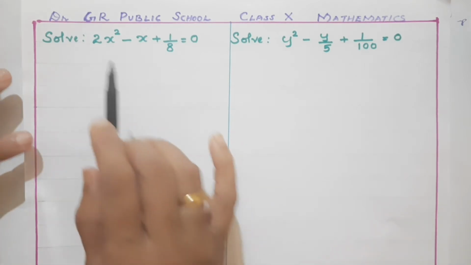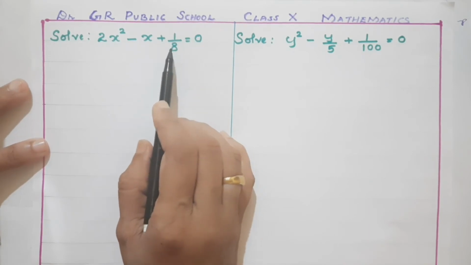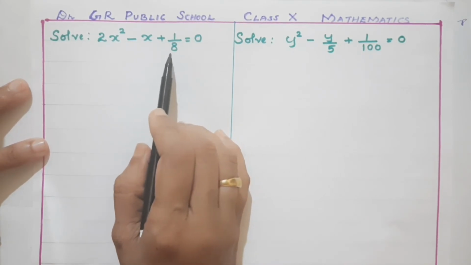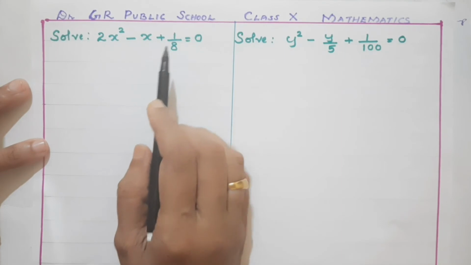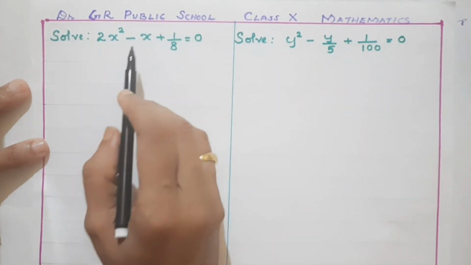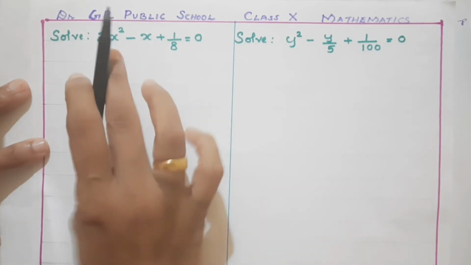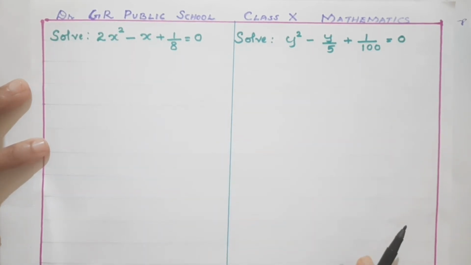Here also 2x square minus x plus 1 by 8 equal to 0. We have a rational number here and you can solve this by keeping the rational number as it is. Check the sum and check the product. Like that you can start doing. Or another method is to avoid the rational form.